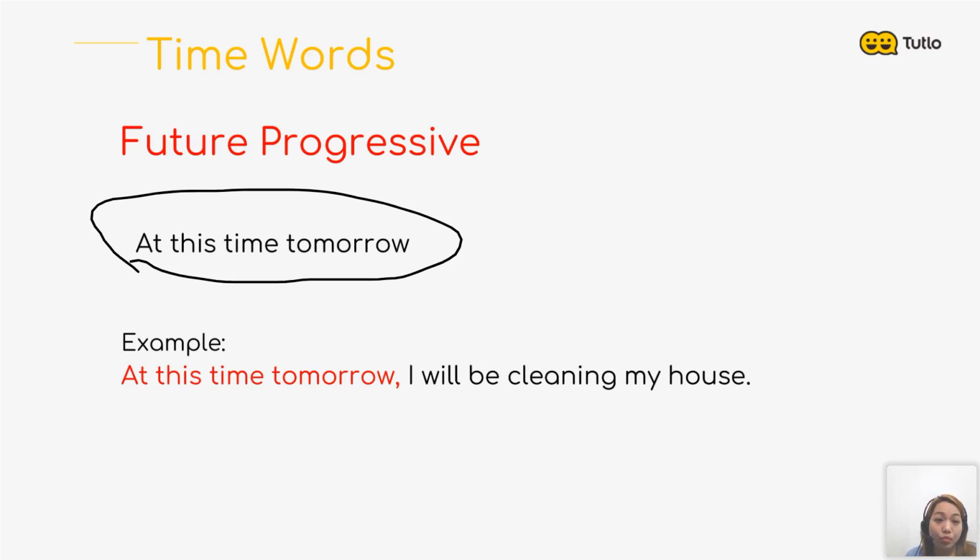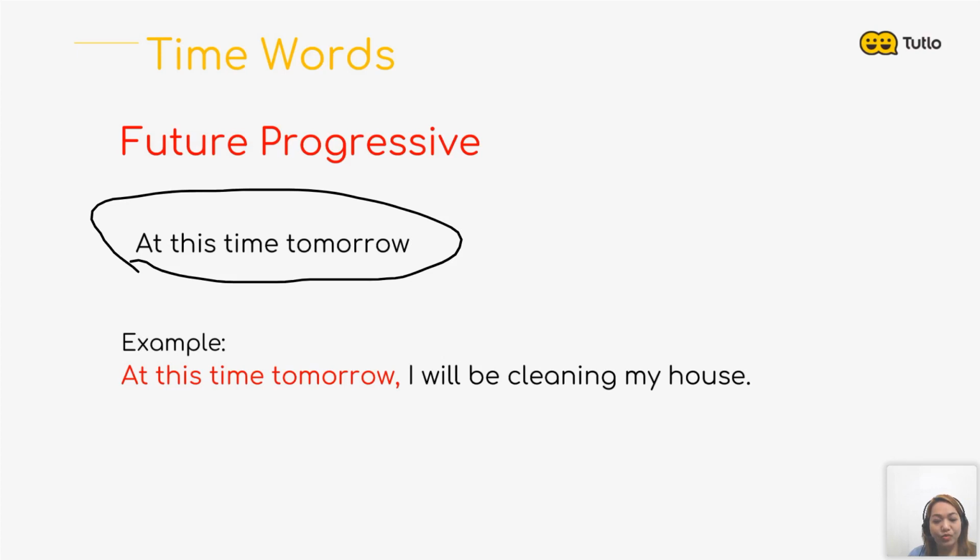At this time tomorrow, I will be cleaning my house. At this time tomorrow in the Philippines, I might be sleeping. At this time tomorrow, you will be eating your dinner. Yes, or your supper. Good. This is what you can use for future continuous. Let's move on, shall we?